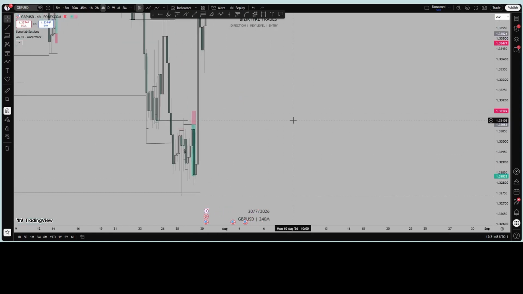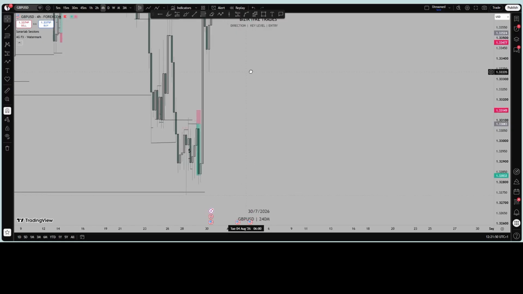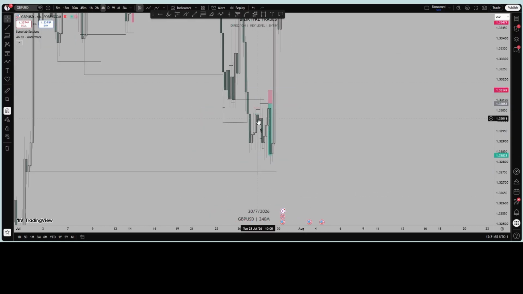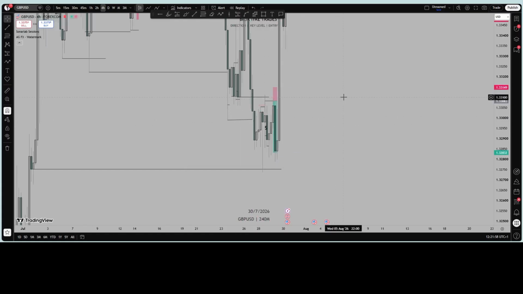This is a CRT method, which you all know. Price took out this previous candle, took out this previous high, and tapped into a point of interest. All I need to do is to see some sort of reaction on the lower time frame. I need to go to the lower time frame, like the 15 minutes, to see what price would do.